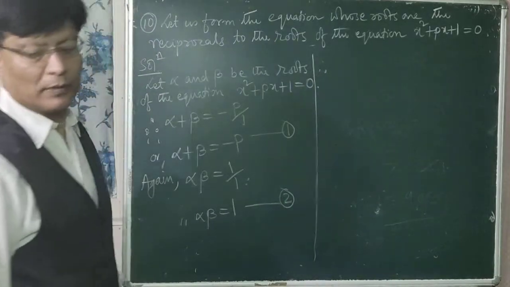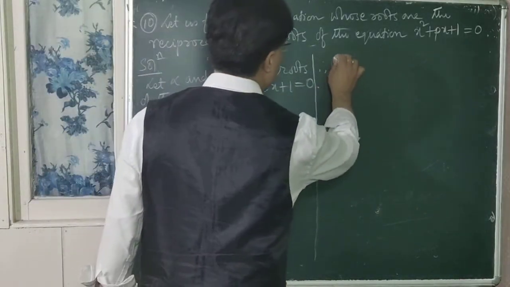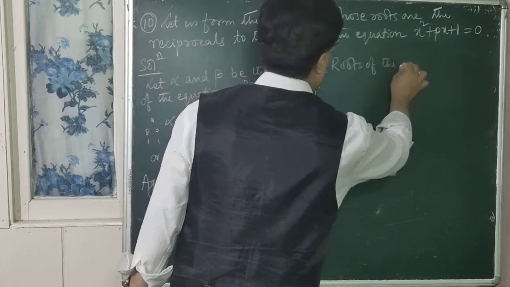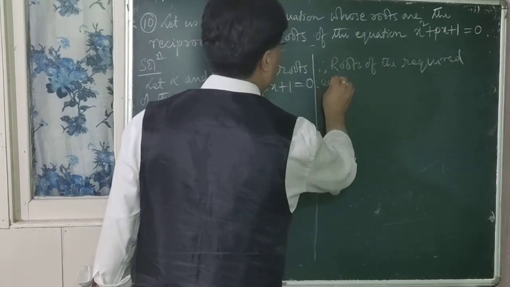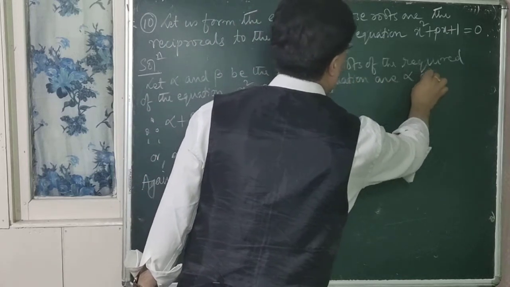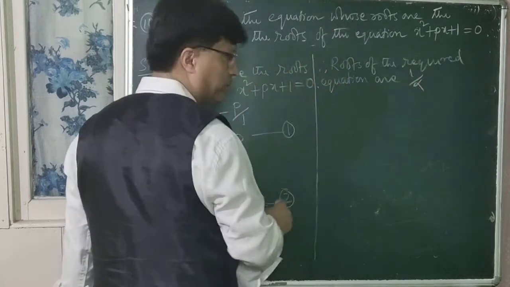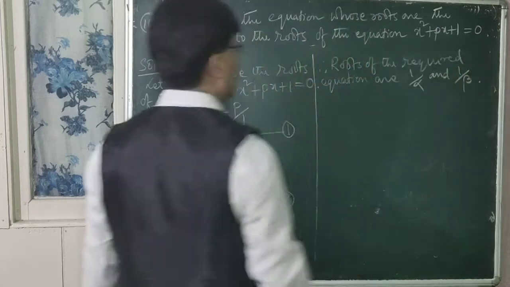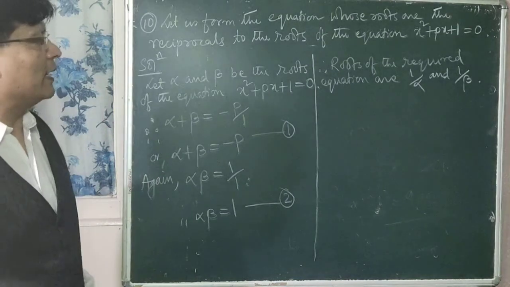Therefore, roots of the required equation are 1 upon alpha and 1 upon beta.